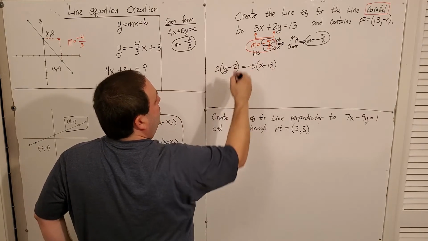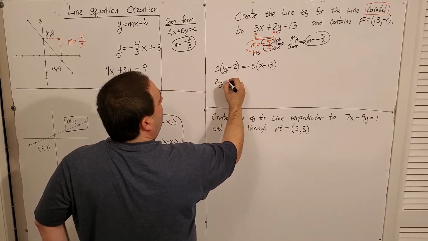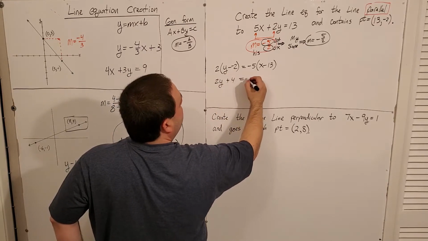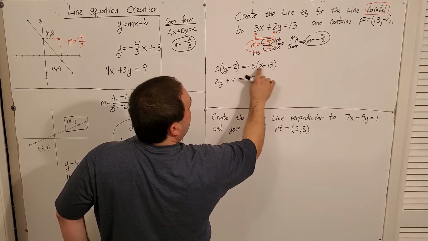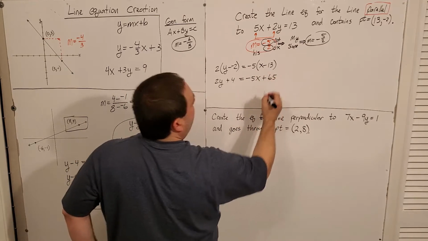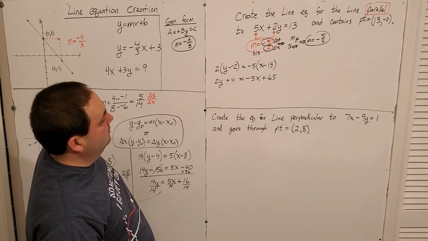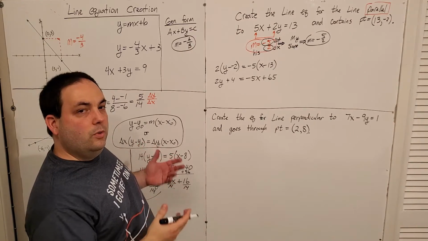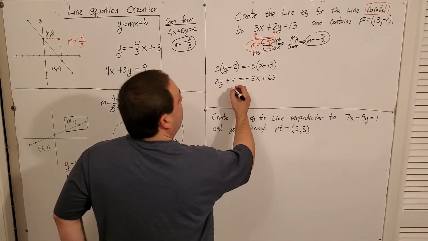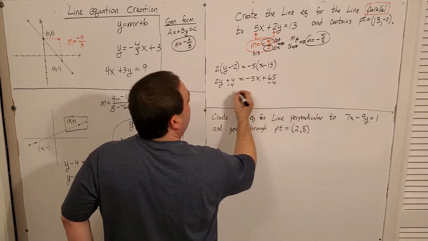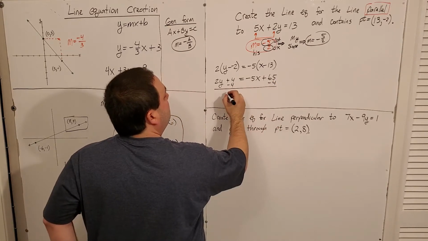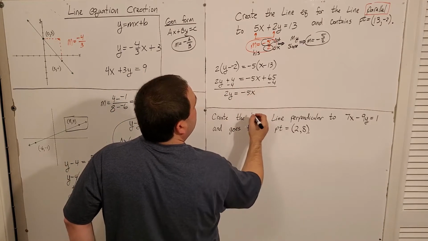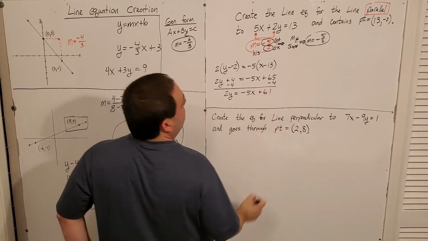I'm going to distribute on each one: 2y plus 4, because of the double negative, right, is equal to negative 5x plus 65. Okay? So then from here we have a choice. Do we want slope-intercept or do we want standard? Either way, I'm going to subtract the 4 to bring my numbers together. So I have 2y is equal to negative 5x plus 61.